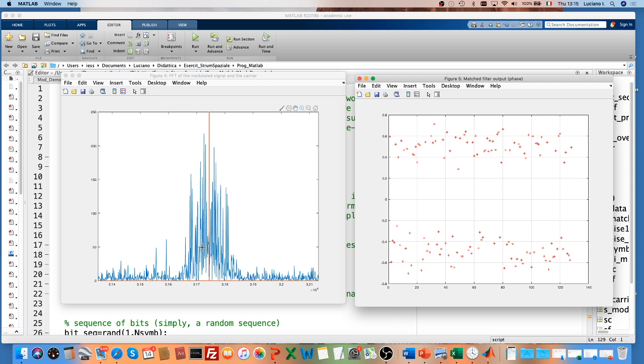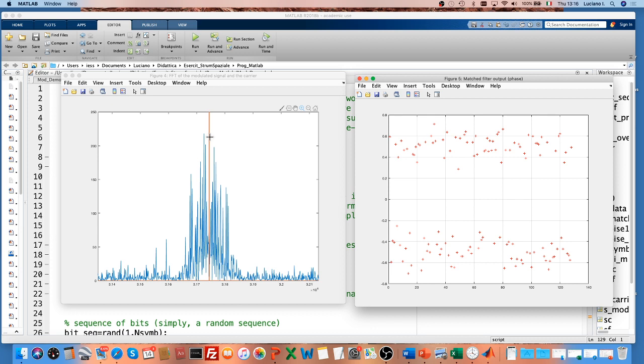You may notice that in addition to the line corresponding to the frequency of the carrier, there is a number of lines, and all this can be considered a subcarrier. So the spectrum is spread around the line.